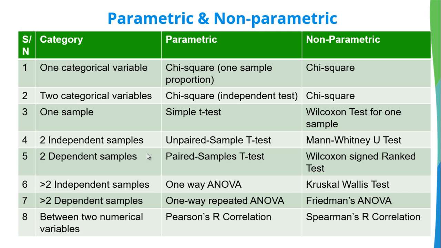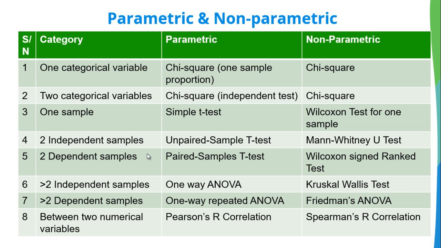We also have the one-sample t-test, which is good enough for parametric, and the signed rank test for non-parametric. For two independent samples, we have the unpaired sample t-test and the Mann-Whitney U test.